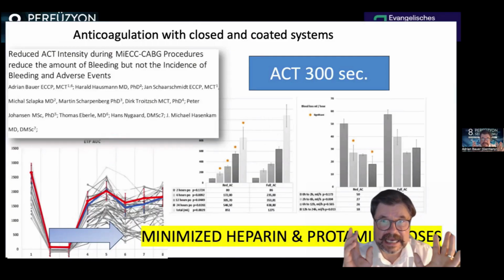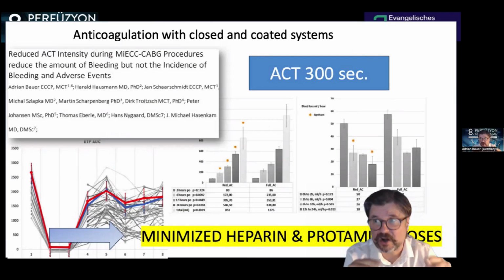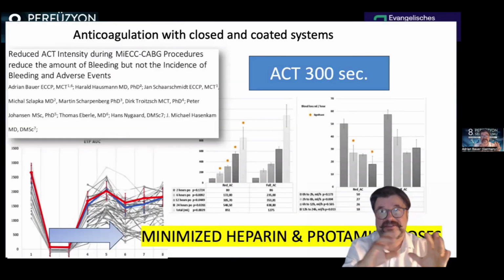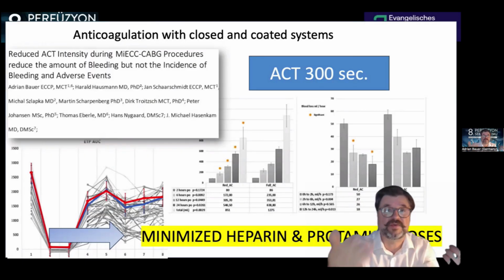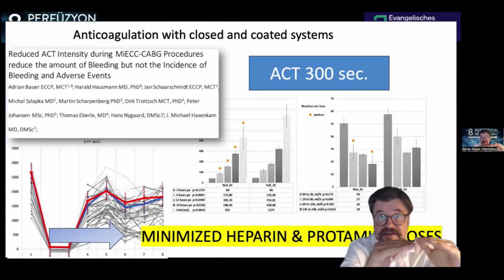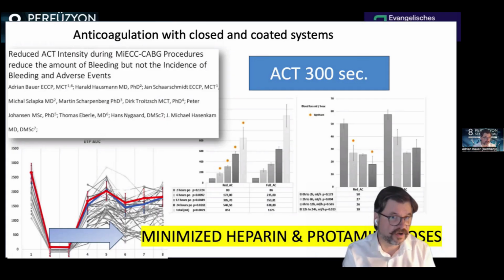So anticoagulation could also be reduced because of that minimal approach, because if you have a closed system, and the surface is treated, then it's like an ECMO. Then you are able to reduce your target ACT down to 300 seconds. This was one of my projects during my PhD study, and we found out that we can reduce.